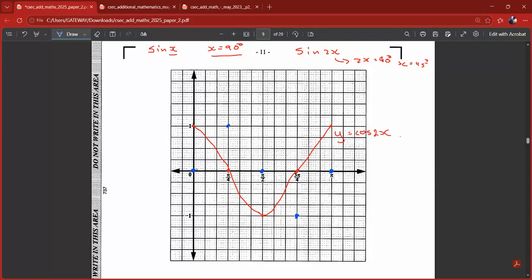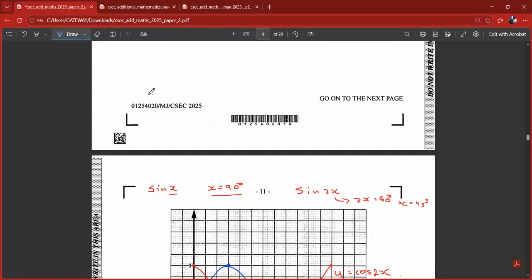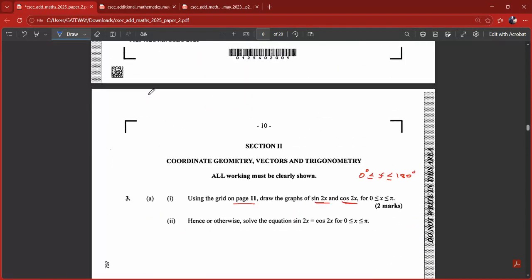I'll draw the curve like that. So this is y is equal to sine of 2x, right? So that is the graph.